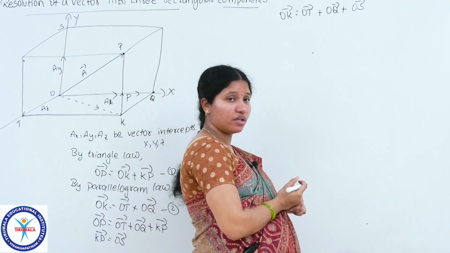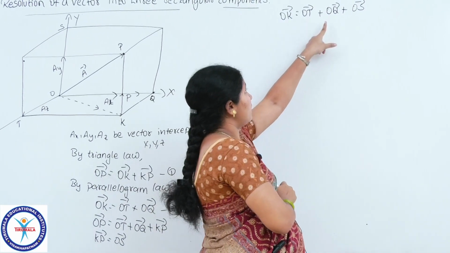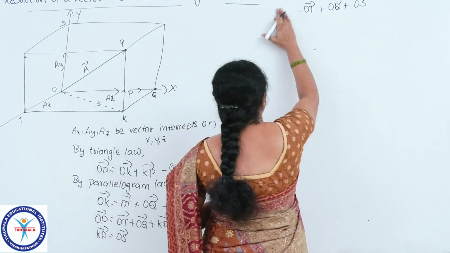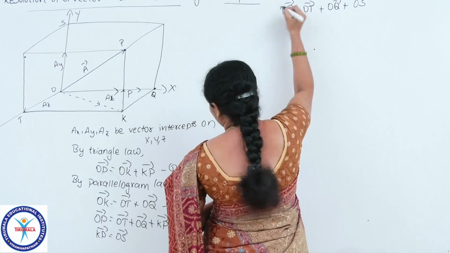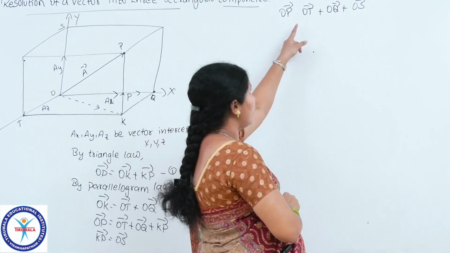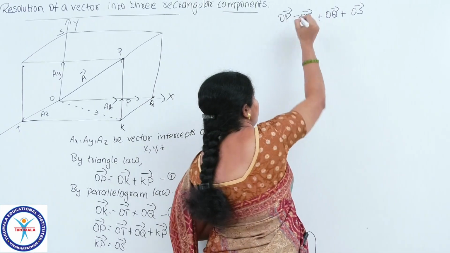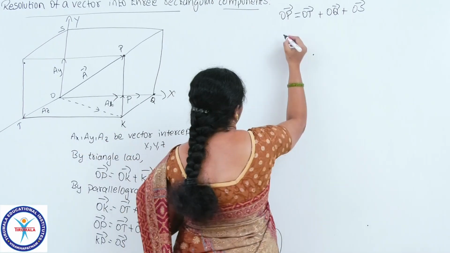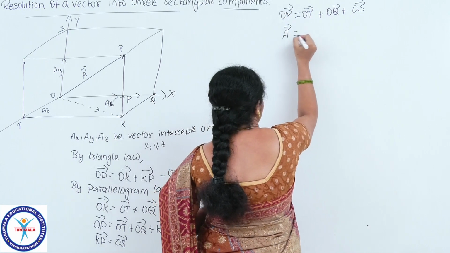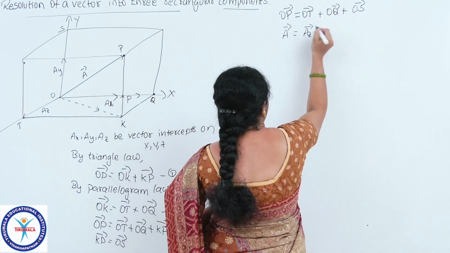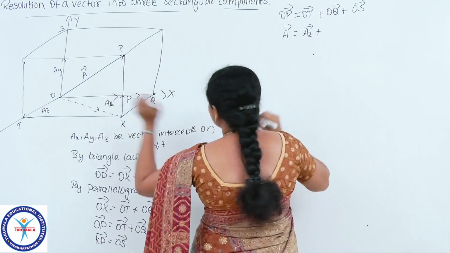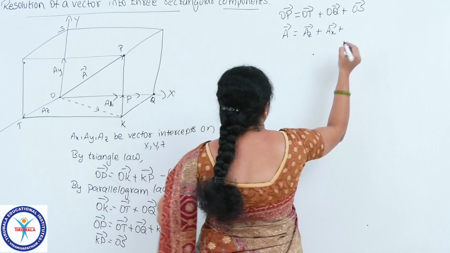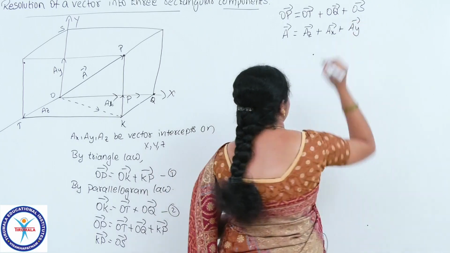So now if you see, the value of OT bar is Az bar, OQ is Ax bar and OS is Ay bar.